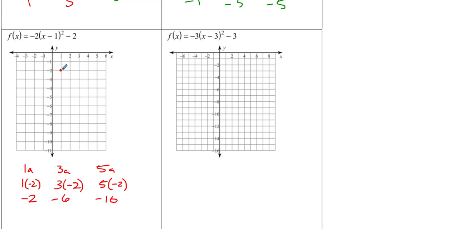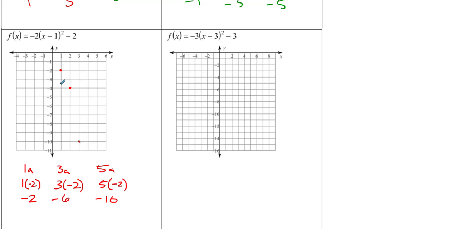So we start from that vertex. We always go to the right one, and this tells us whether we go up or down and how many. And this one's telling us to go down 2. So right 1, down 2. Then we're going to do right 1 and down 6. 1, 2, 3, 4, 5, 6. We could go right 1 and down 10, but we would be off the graph.